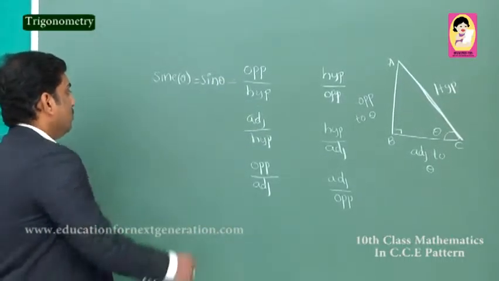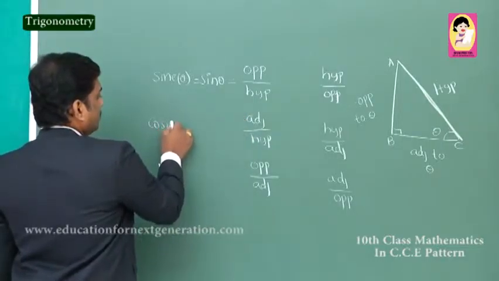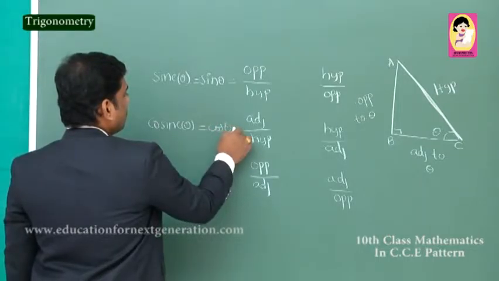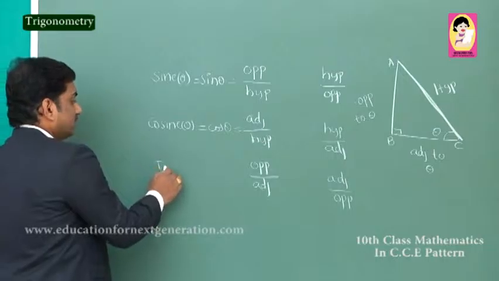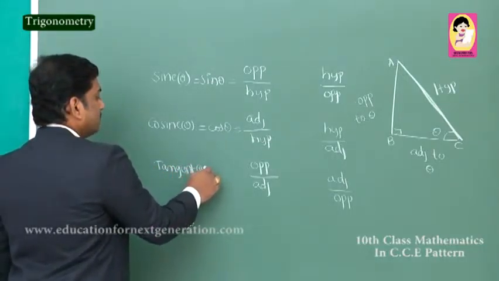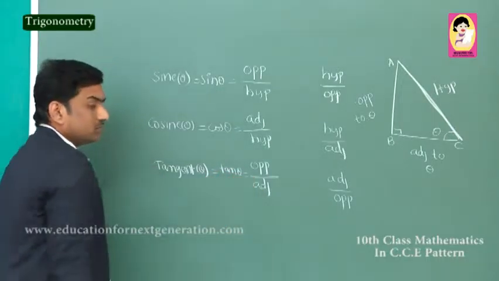The next one is cosine theta, they named adjacent by hypotenuse as cosine theta, which we can write as cos theta. And the third one is tangent theta, nothing but tangent of the angle, which we can write as tan theta.